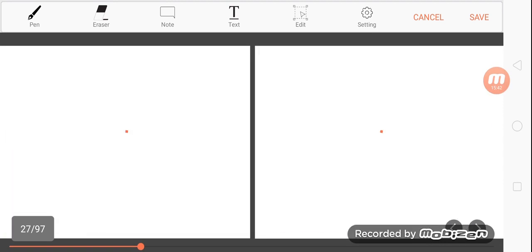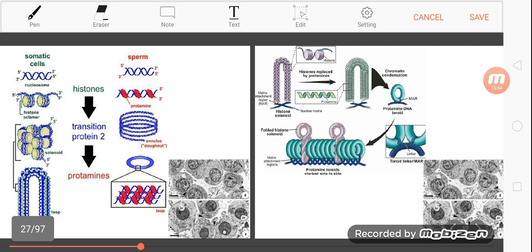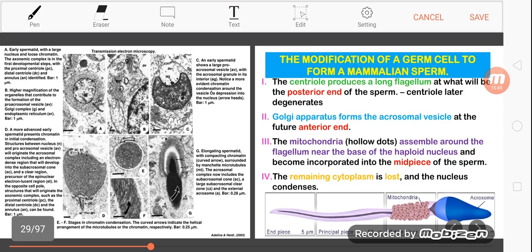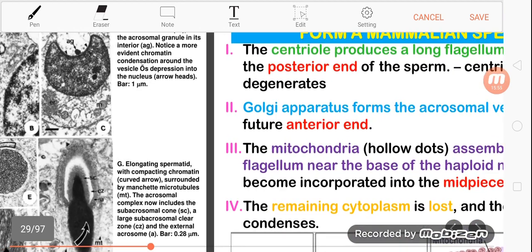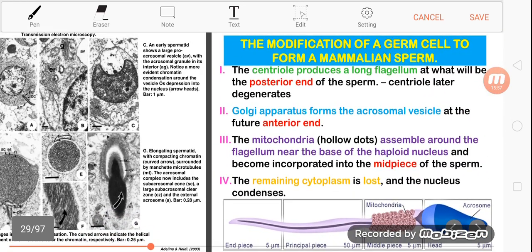Okay, next. The same diagram as just now, with more explanation of spermiogenesis. So remember, we have migration of mitochondria and the pair of centrioles toward the opposite side of the spermatid.